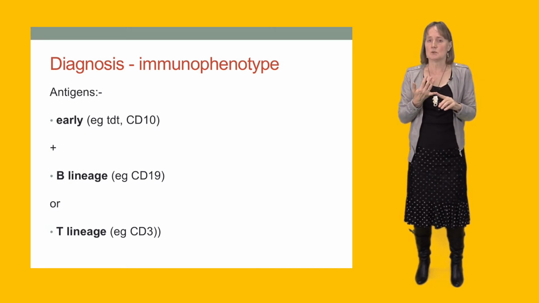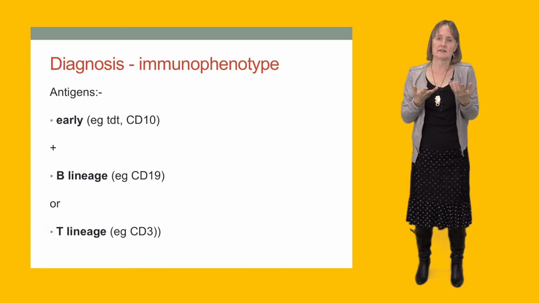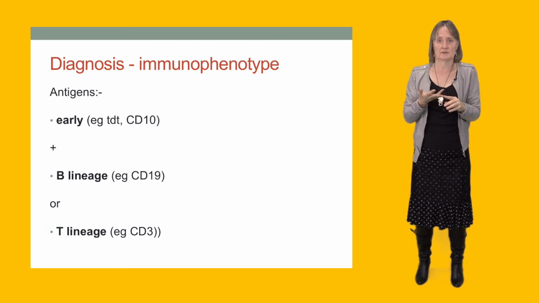So there's an antigen called TDT, which is a DNA polymerase enzyme that is present in early lymphoid cells, T and B cells, and CD10, which is an antigen that's present in slightly more mature precursor cells. So those antigens will tell us that these are early lymphoid cells.